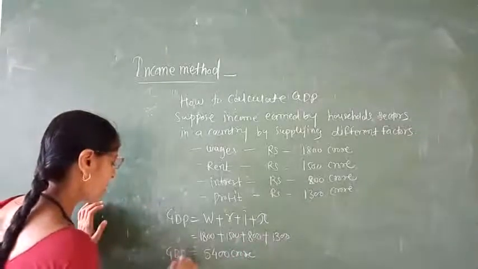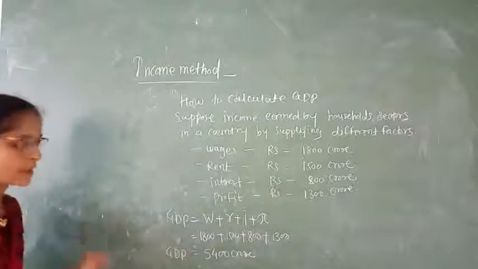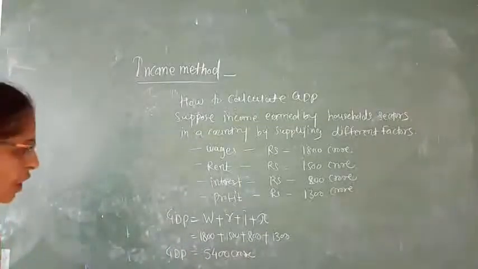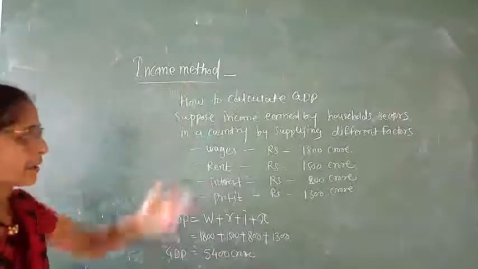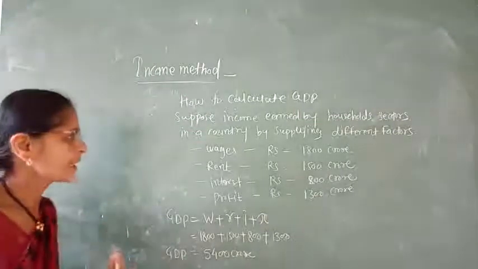So this is the GDP, the gross domestic product or the national income. According to the income method, we calculate the GDP.